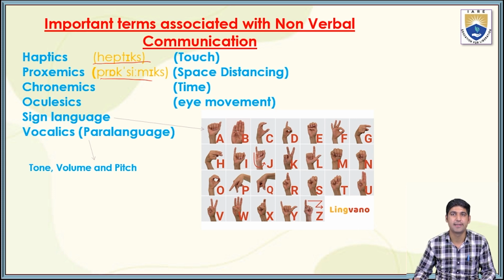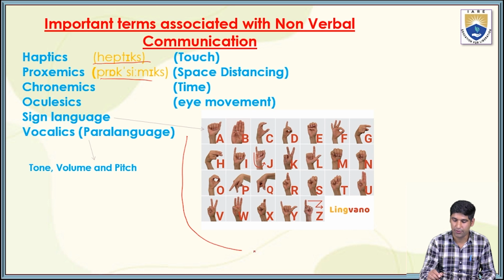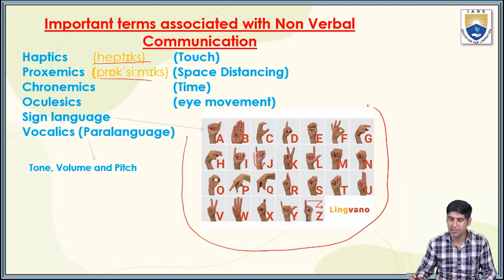Then we have the next thing, that is sign language. There is this example in front of you. This picture can show you what sign language is. We are showing different things by signs. Or you can take the best example, the traffic signs. There are different signs shown on traffic signals as well, where to take right, where to take left.